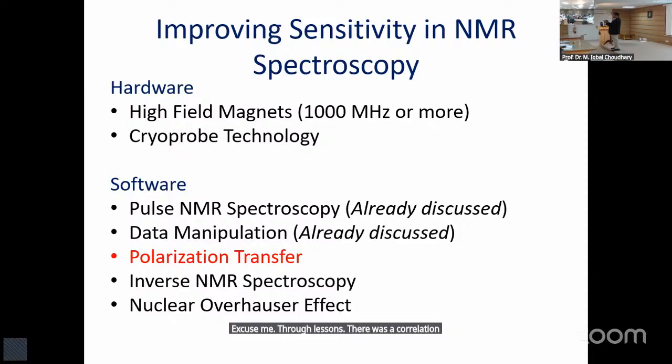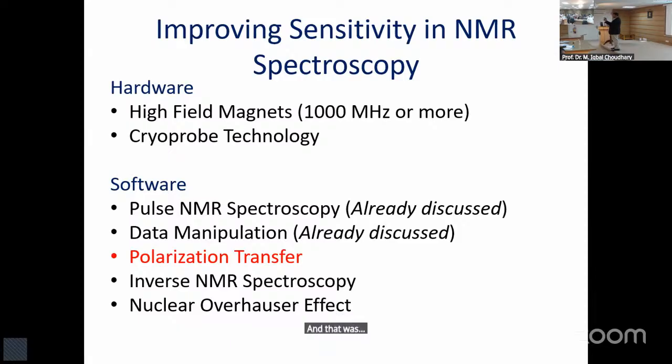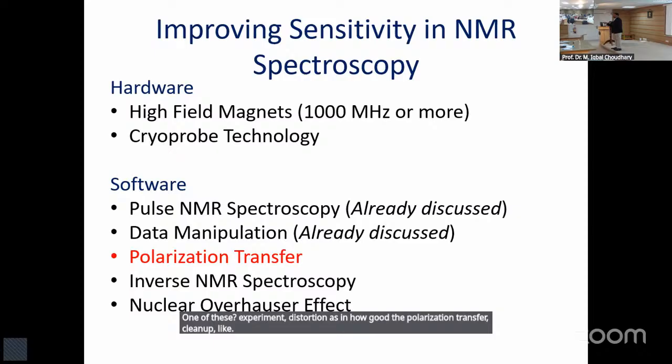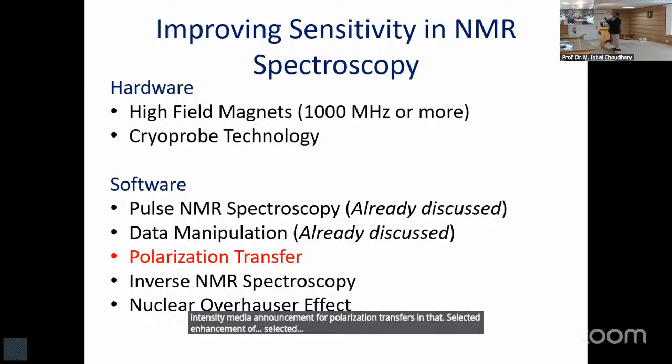There was polarization transfer. A lot of people have worked on it. And that was all these DEPT, INEPT, SINEPT experiments: distortionless enhancement by polarization transfer, INEPT, insensitive nuclei enhancement by polarization transfer, CNAP, selective enhancement of insensitive nuclei by polarization.